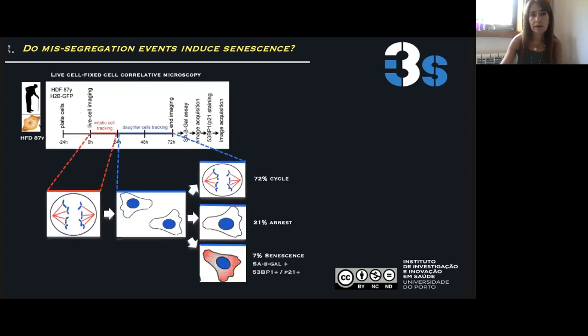So we found that using this technique, the daughter cells of mitotic cells that do not have any chromosome segregation defects normally keep on cycling, with a low percentage of cells that arrest in the cell cycle during the timeline of our experiment, and only very few becoming positive for senescent markers.